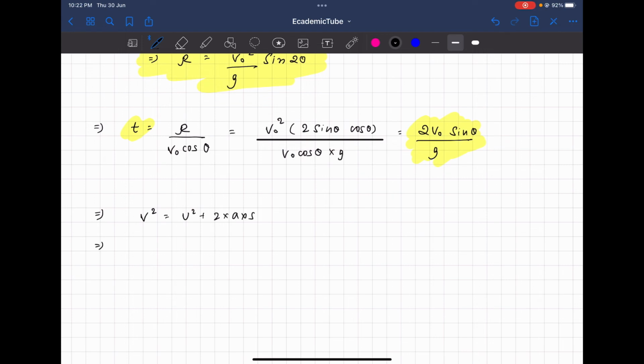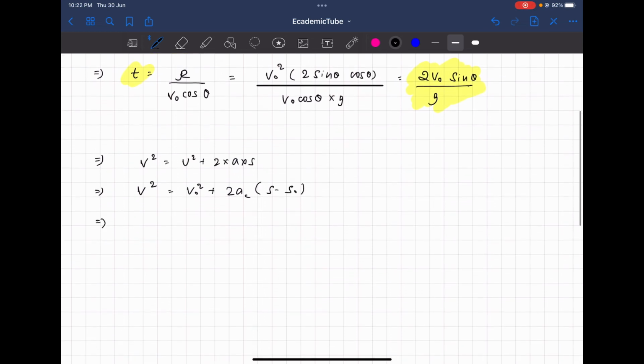So we put the values: v square is equal to v naught square plus 2 a times S minus S naught, where a here is the gravity. The final velocity will be equal to 0, and the initial velocity is v naught sin theta.